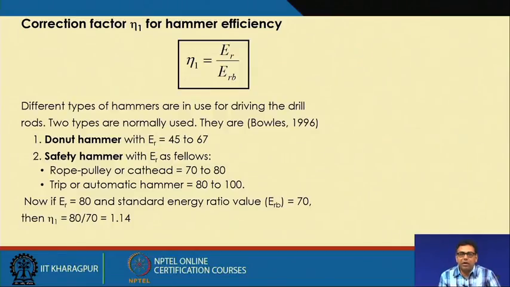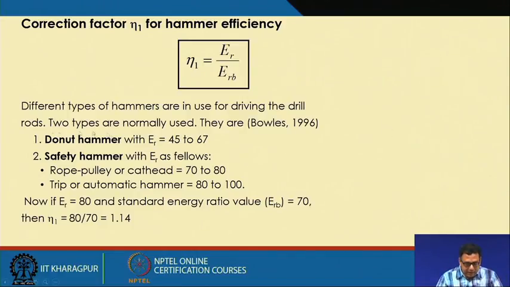So, we can represent all the N values in terms of this ERB. That means we have to convert the N values for the different hammers that we are using in the field, and convert all the energies to ERB. I will show an example, then you will find how we can do all these things.